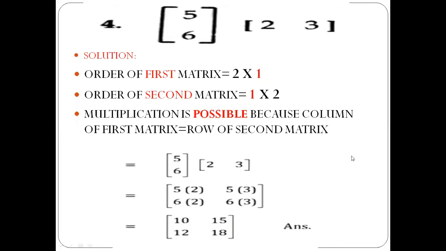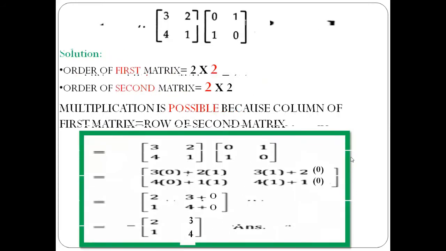Now I'm moving towards the next question, textbook question number 7. As you can see, both matrices are of order 2 by 2, so matrix multiplication is possible. It is compulsory to write the order of the first matrix, then the second matrix, then check the possibility.